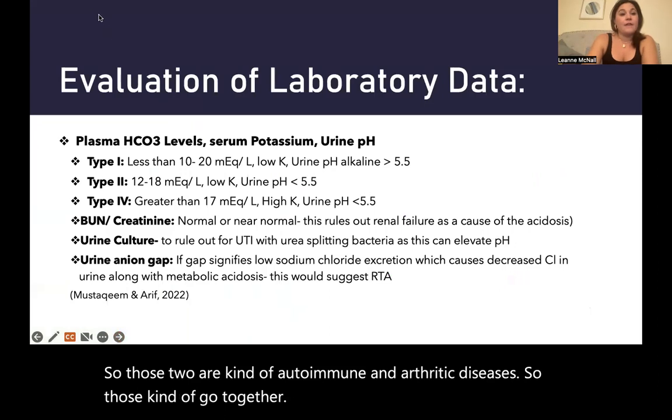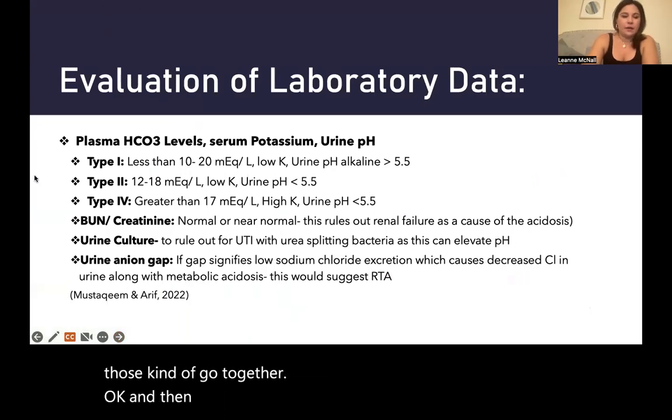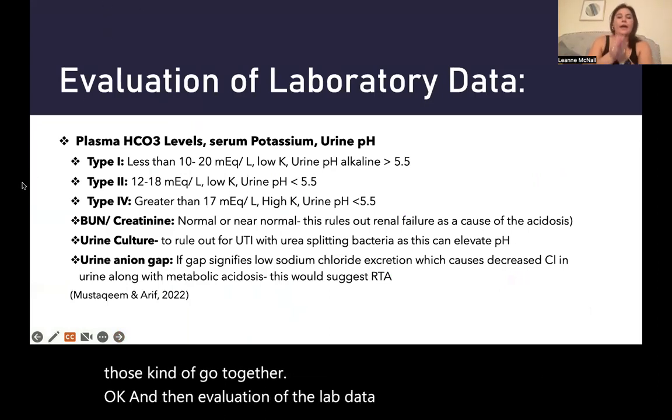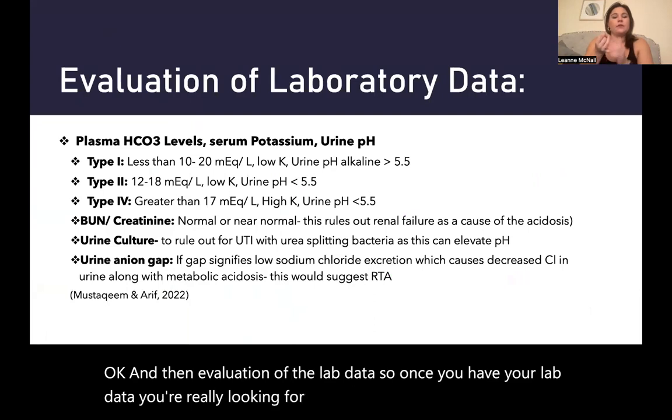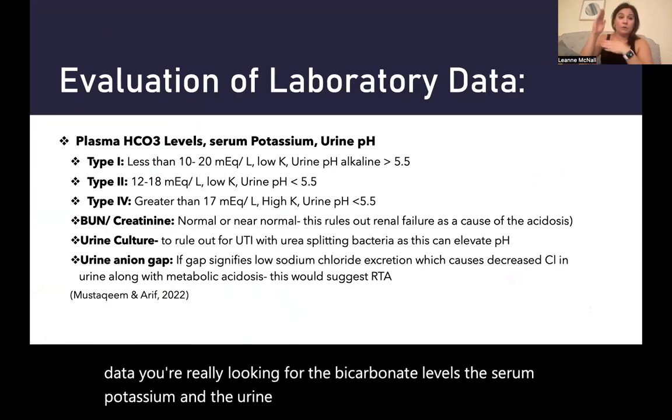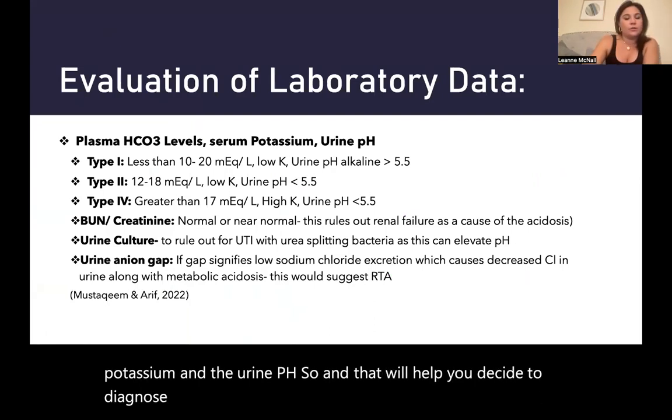Okay, and then evaluation of the lab data. Once you have your lab data, you're really looking for the bicarbonate levels, the serum potassium, and the urine pH. That will help you diagnose which type the patient has, as long as we've ruled out all those other diseases.